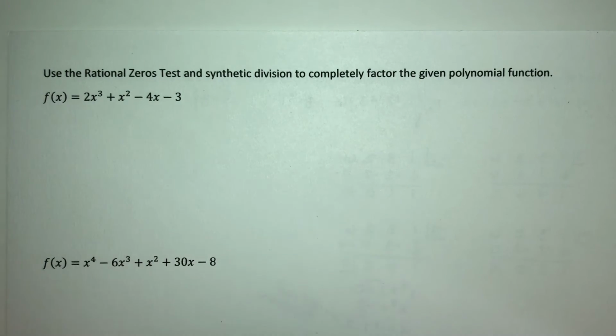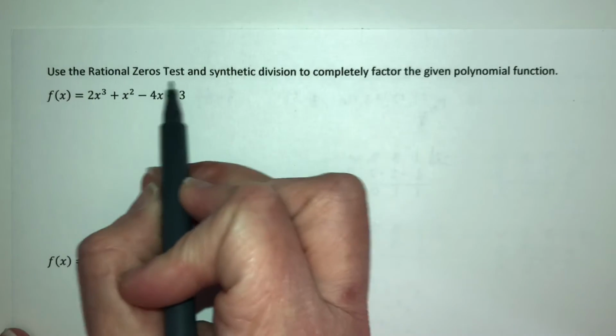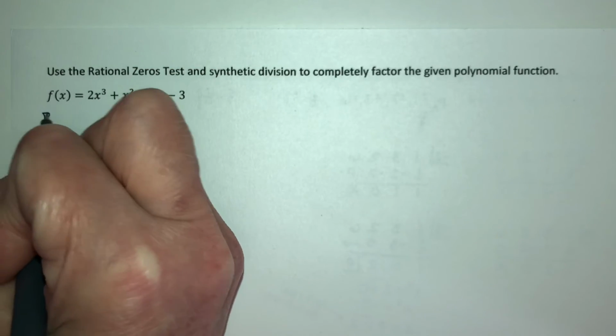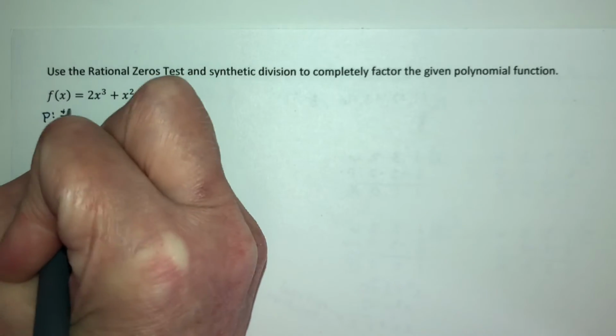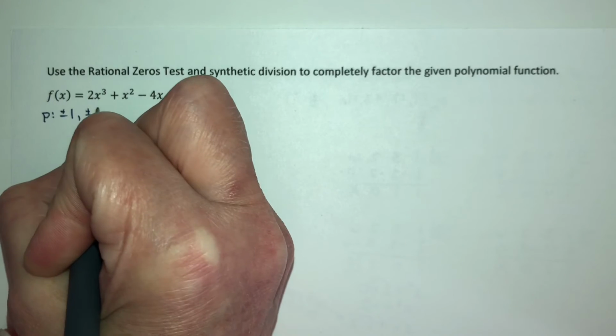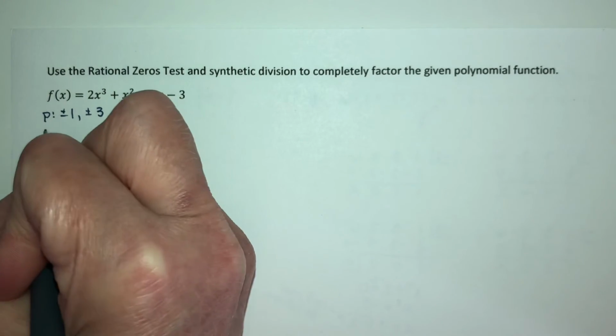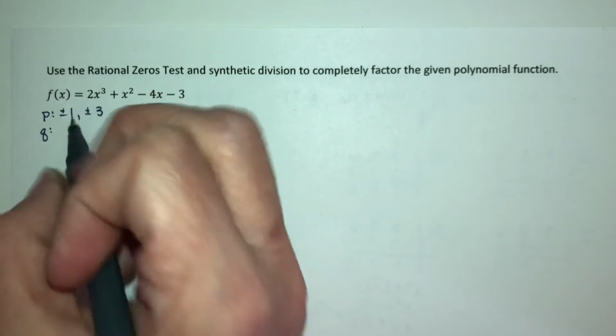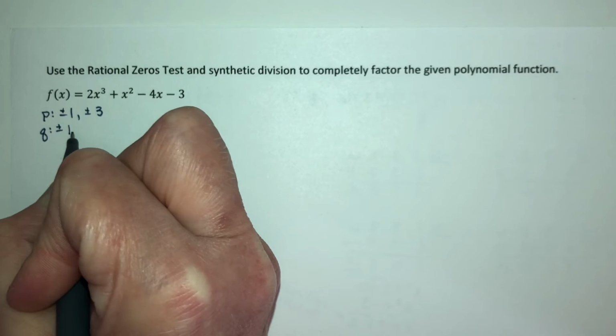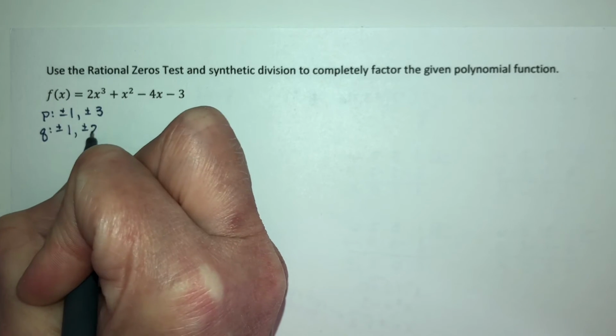So I need to find p over q. My p-values come from 3. So plus or minus 1, plus or minus 3. My q-values come from 2. So plus or minus 1, plus or minus 2.